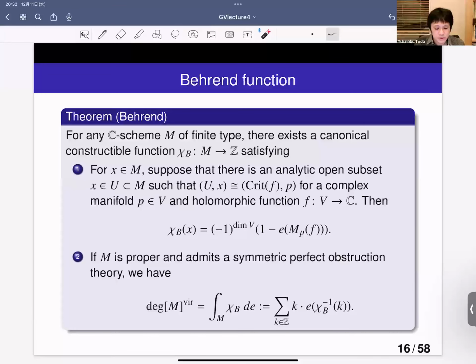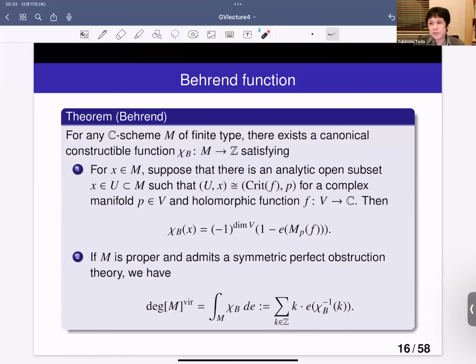Then the relationship between this function and the Donaldson-Thomas invariant is that if M is proper and also admits a symmetric perfect obstruction theory, of course, this is satisfied when M is a fine moduli space of stable sheaves on Calabi-Yau threefolds, then the degree of this virtual fundamental class equals the weighted Euler characteristic of the Behrend function. This is something similar to the Euler characteristic, but weighted by the value of the Behrend function.